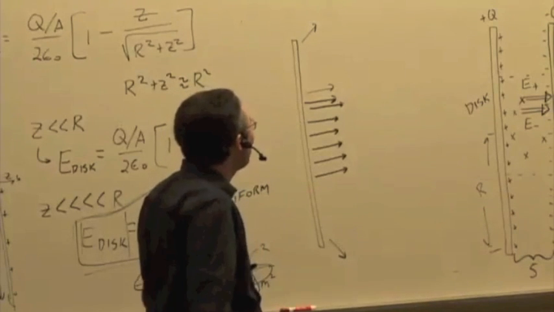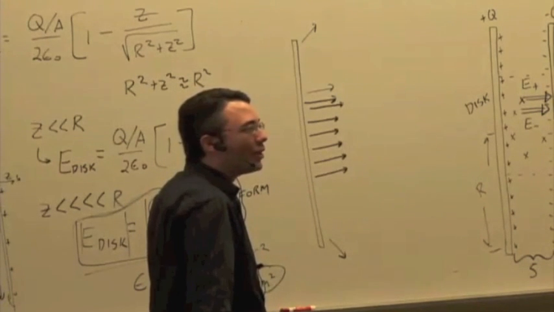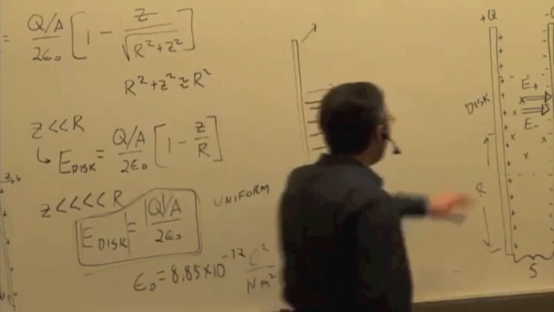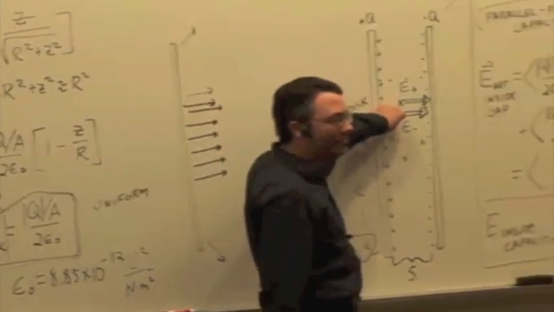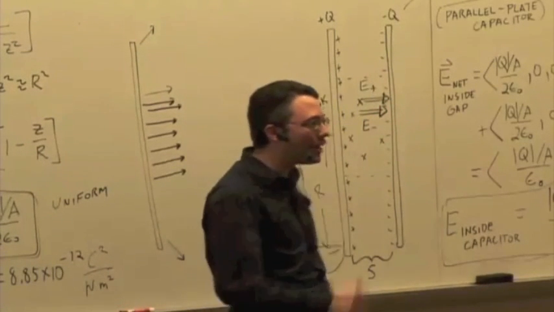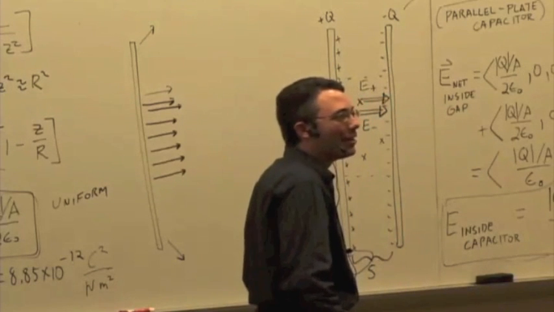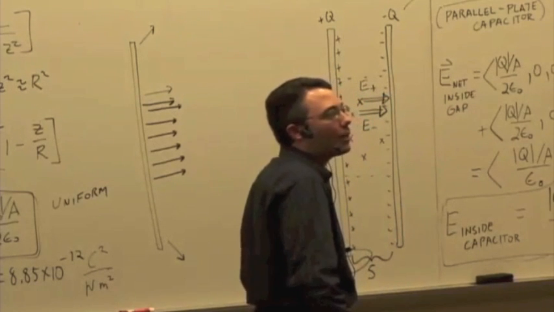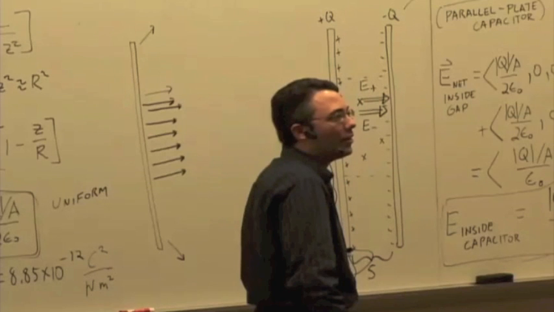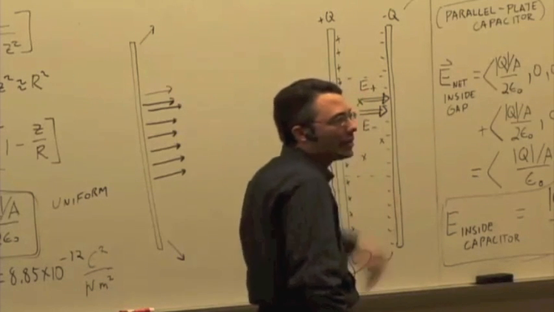How close to the edge? Depends on how good of an approximation you want. Technically, if you move even the smallest amount away from the center, this is not, strictly speaking, true anymore, right? So it depends. I can't really give a stronger answer than that. For our purposes, we're often going to be looking at situations where we just want to get the basic idea, and so we can often make this approximation.